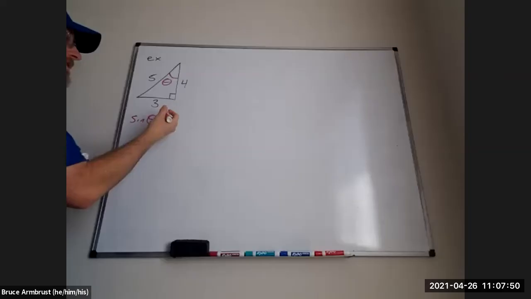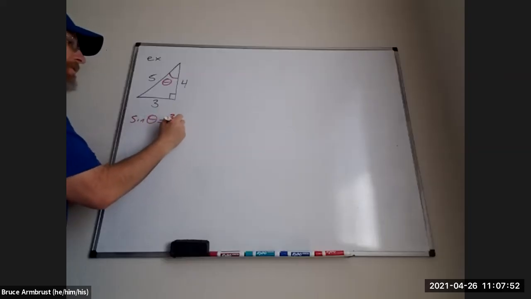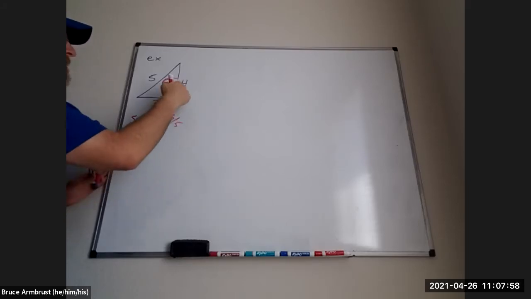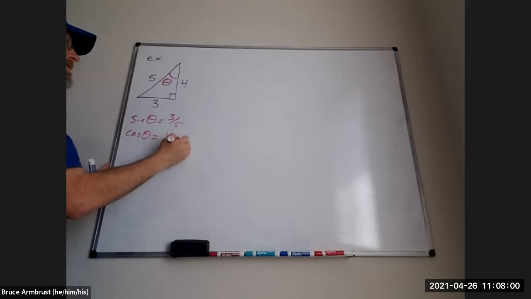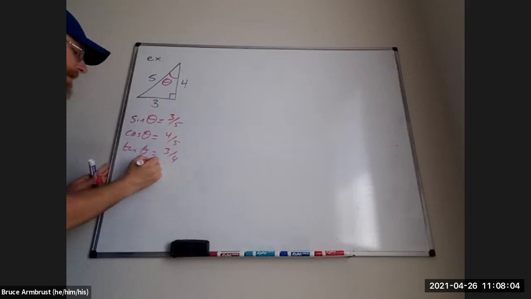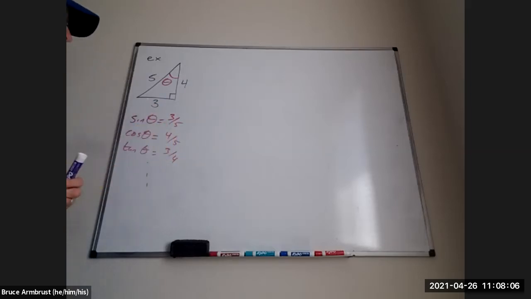All right, so remember, sine is opposite over the hypotenuse, so it'd be 3/5. So we know the sine is 3/5. And I just picked sine, but we also could have said, what's the cosine? Well, the cosine is 4/5. The tangent is 3/4, right? And we can find the others as well.